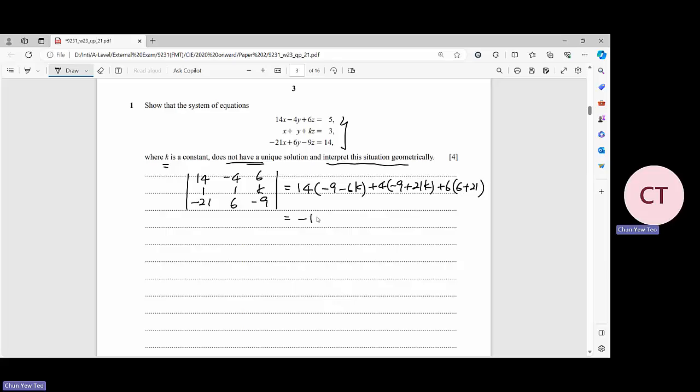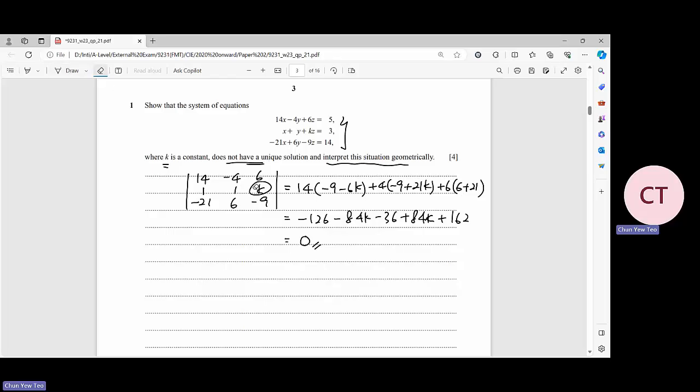You get negative 126 minus the 84k, minus the 36, plus the 84k, plus the 162. So you can see that at the end it is 0 for all values of k.